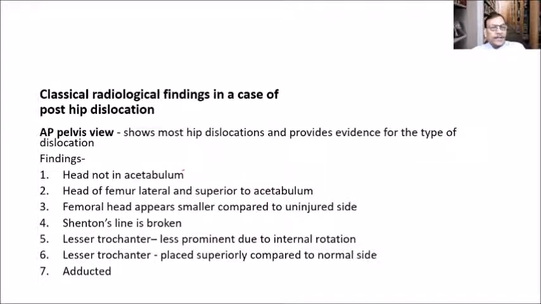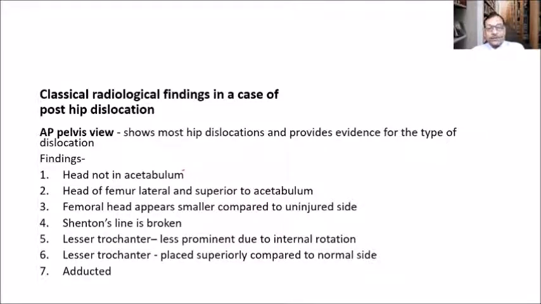Now, when you see the X-ray, usually you will be given an AP view of the pelvis, including both hips. And you have to diagnose and come to a conclusion by your findings. What could be your findings that will tell you that it is a case of dislocation of the hip?